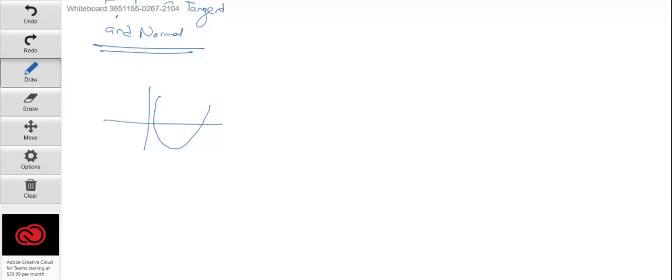So for example, if I were to draw a tangent at this point, it would look somewhat like this. A better line would be something that basically touches this point.